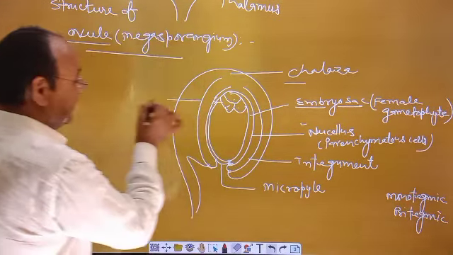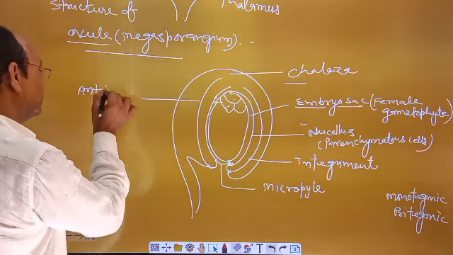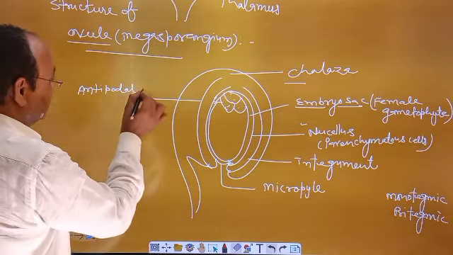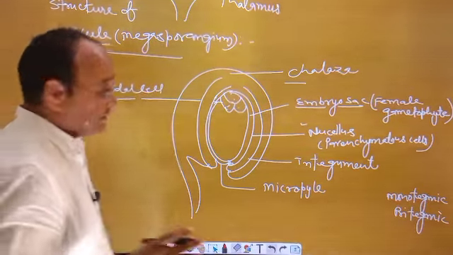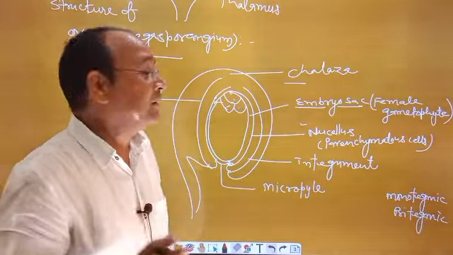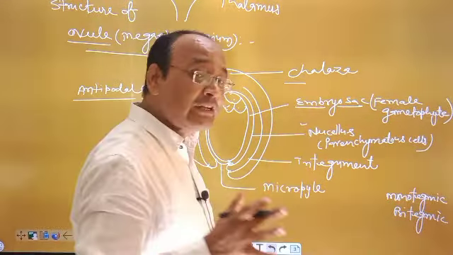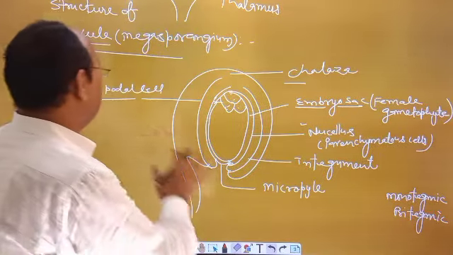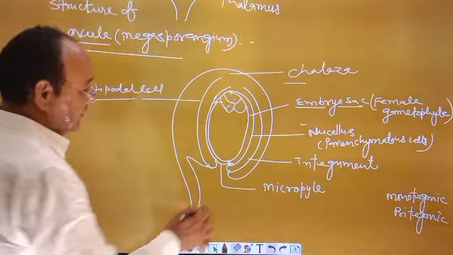This group is known as antipodal cells. I repeat, the cells which are three in number and situated toward the chalaza are called antipodal cells. So antipodal cells are a group of three cells.